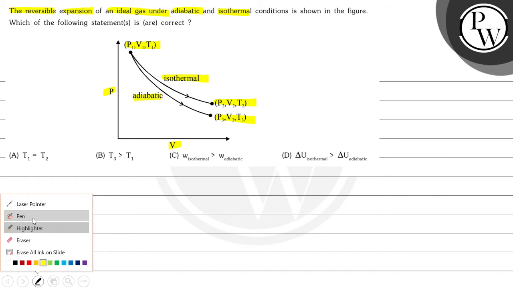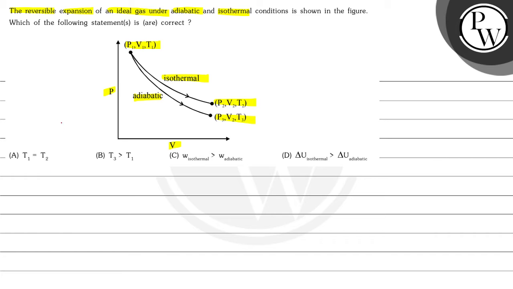Now firstly we can use the ideal gas equation, that is PV is equals to nRT. And we can write the key concept, that is work done is equals to area under PV curve.